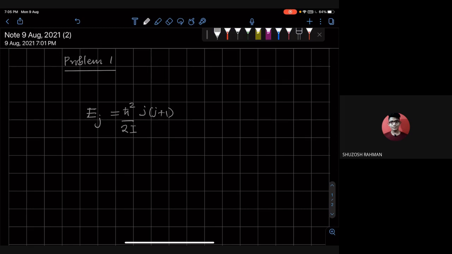So what information are we given? We are given that this is the energy level of a diatomic molecule, the rotational energy level.